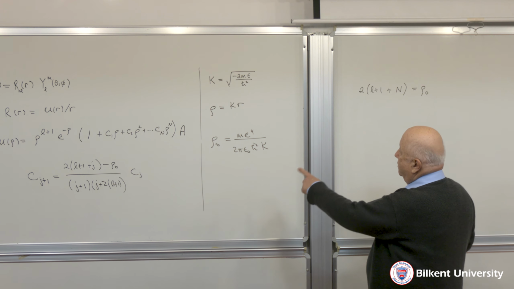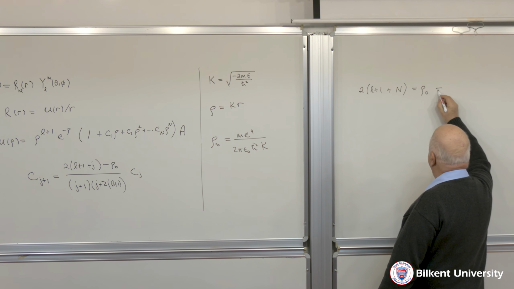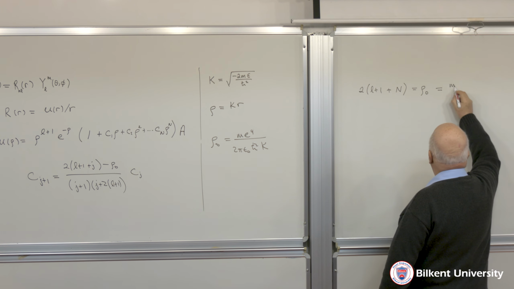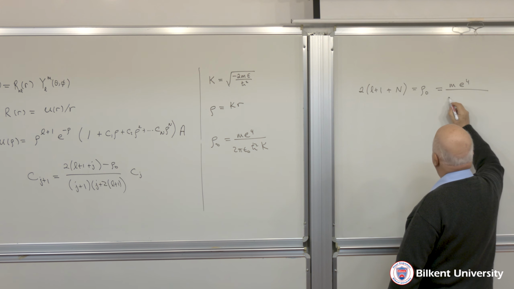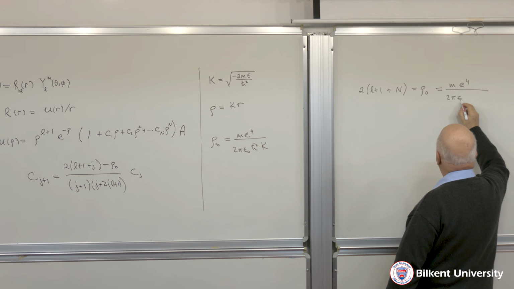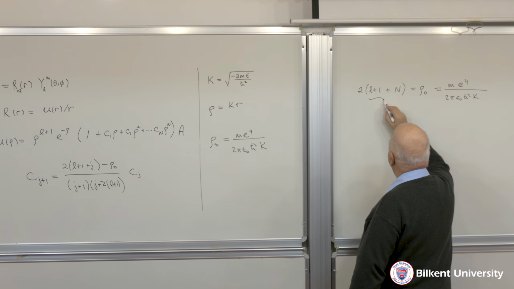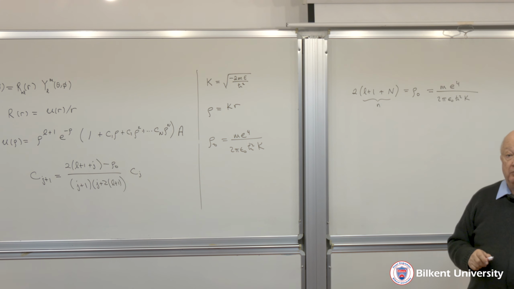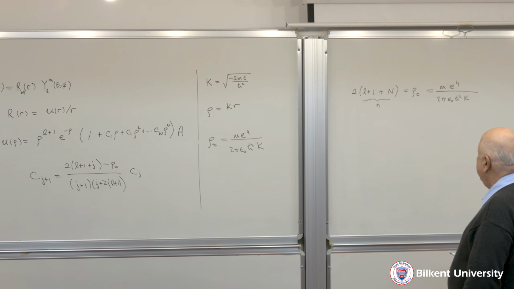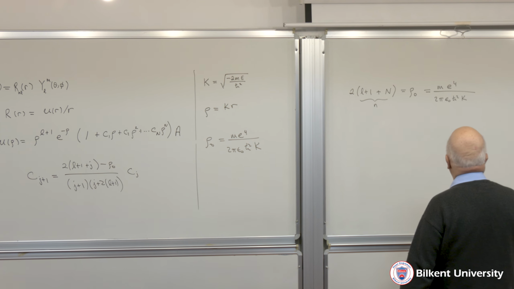And rho 0 is that stuff there. So let's repeat that part of the algebra. This is m e squared divided by 2 pi epsilon 0 h bar squared k. We notice that everything depends really on this integer, L plus 1 plus N. The energy will depend on that. So let me try to find out what this is.